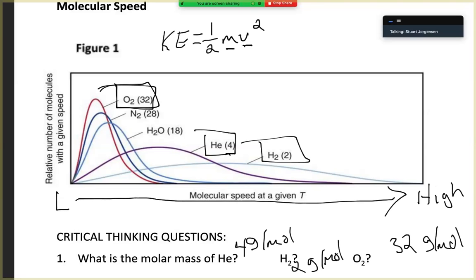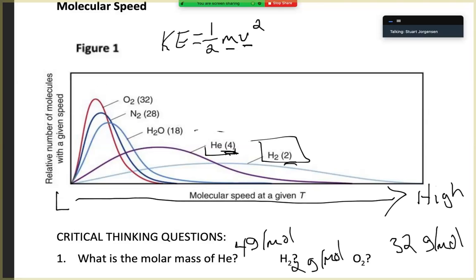Cool. Number 2, part C says, as the mass of the gas decreases, so as we go from a high mass of 32 down to 4, decreasing down to 2, what happens to the average speed of the molecules? I think that's all the way across the board, isn't it?